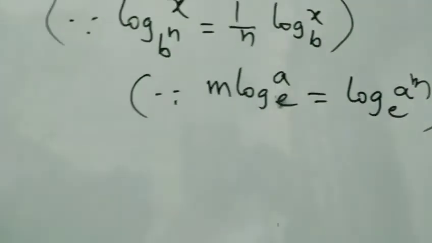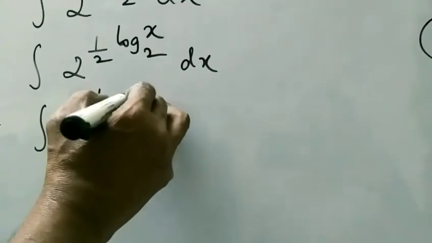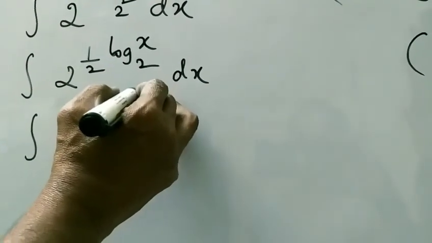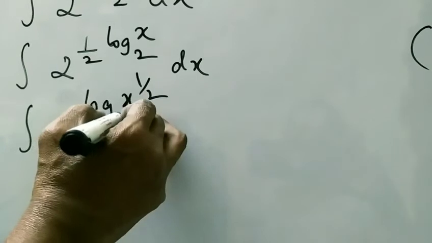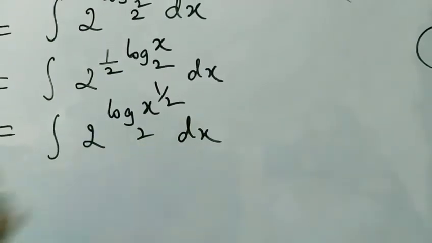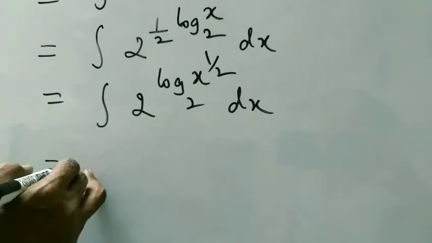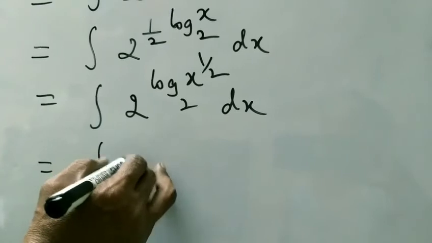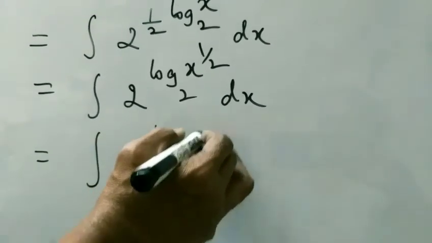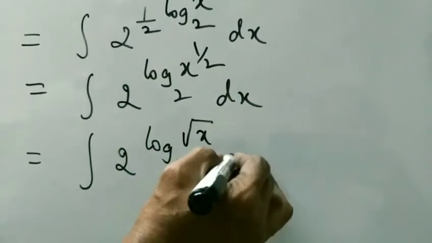So here it becomes 2 to the power of log x to the power of 1 by 2 to the base 2 dx. So this is equal to the integral of 2 to the power of log to the base 2 x to the power of 1 by 2, which becomes root x dx.